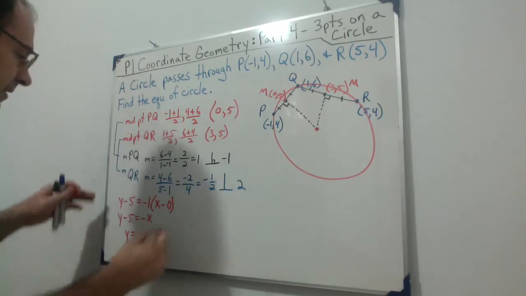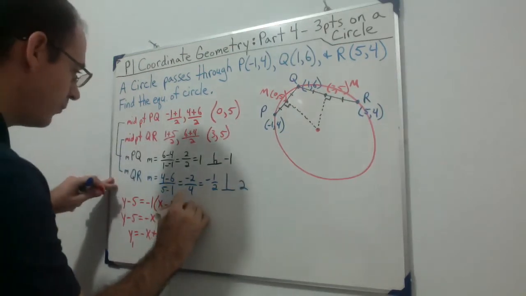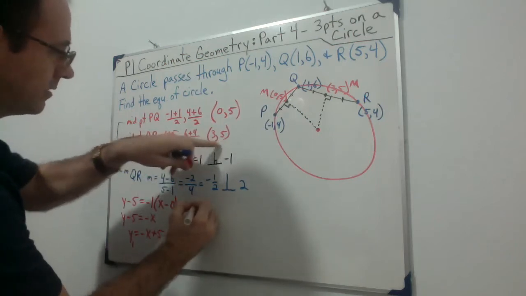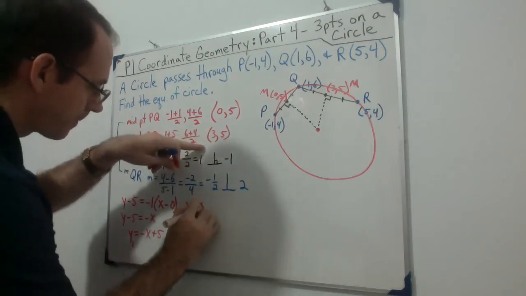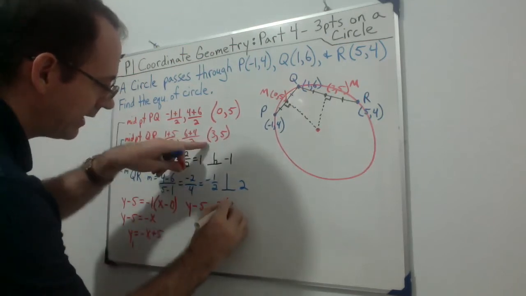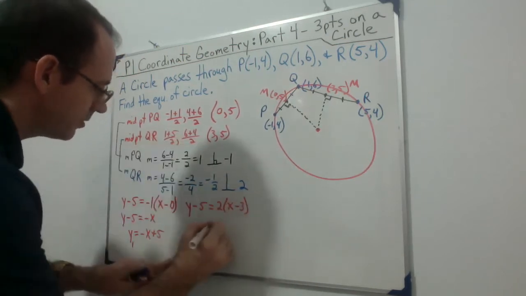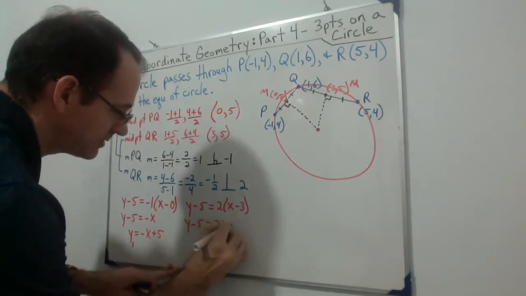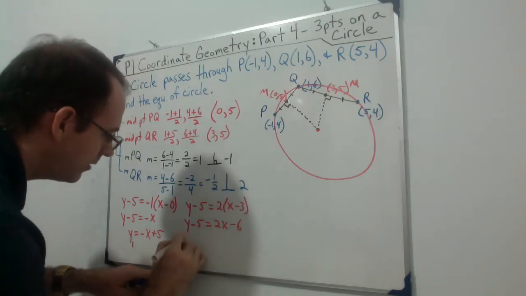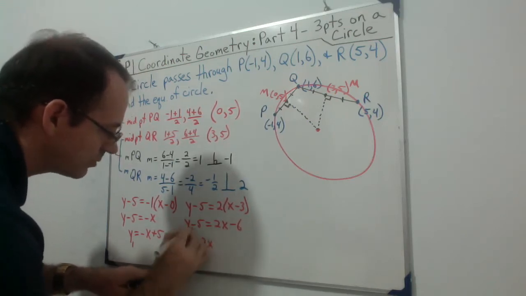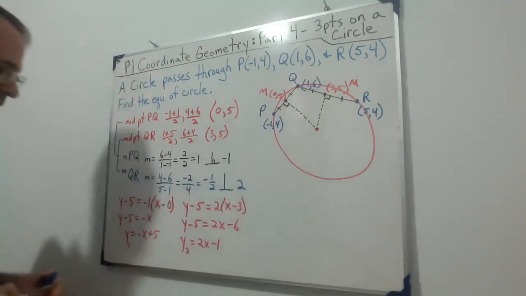Now for the second one, we have y minus 5 equals, the slope is now 2, times x minus 3. So when we solve this, y minus 5 equals 2x minus 6. Then we get our second perpendicular bisector equation, y equals 2x, and when we add 5, it's just minus 1.